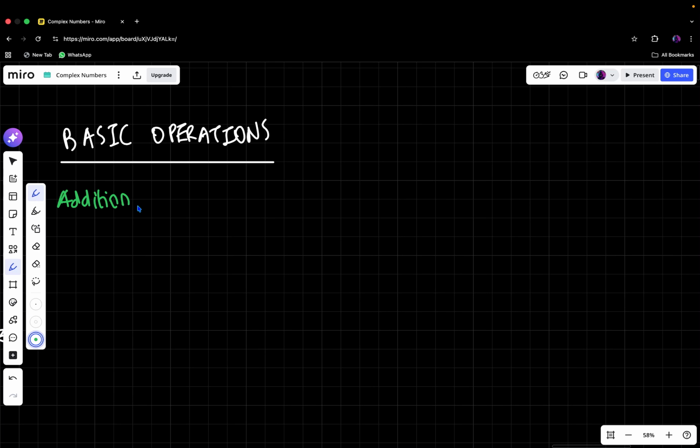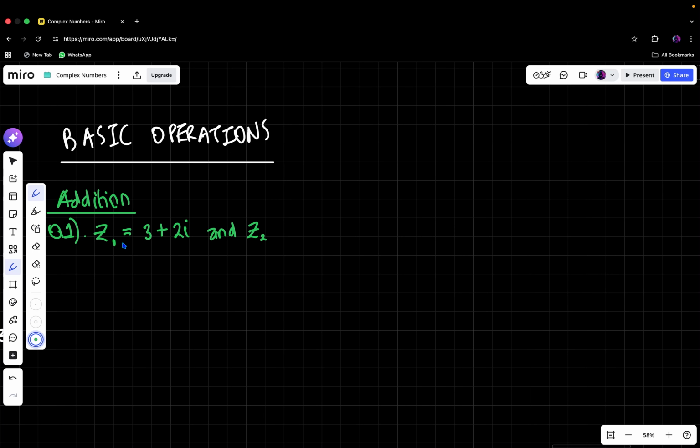Addition of complex numbers. Question 1, and please write this down. If the complex number z1 is equal to 3 plus 2i, and another complex number, you can call it anything, let's just call it z2.